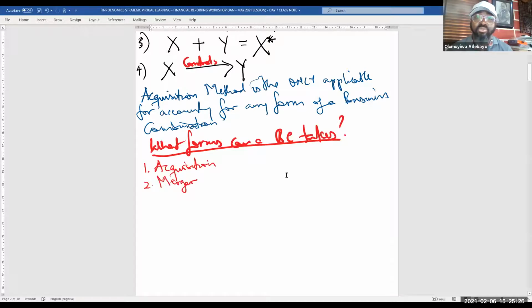Okay, who can tell me the distinguishing factor between the two? What is the distinguishing factor between the acquisition as I've explained it and merger as I've explained it? Miriam, do you want to say something?